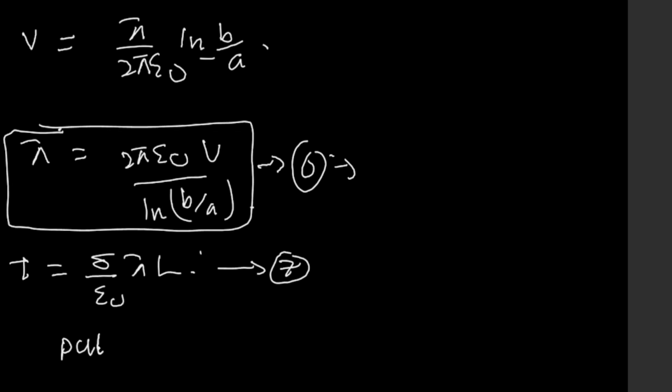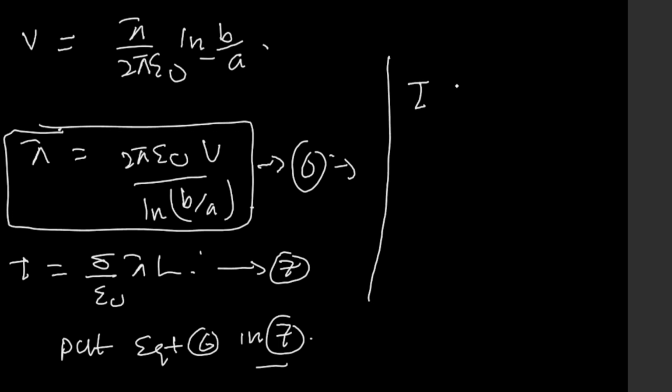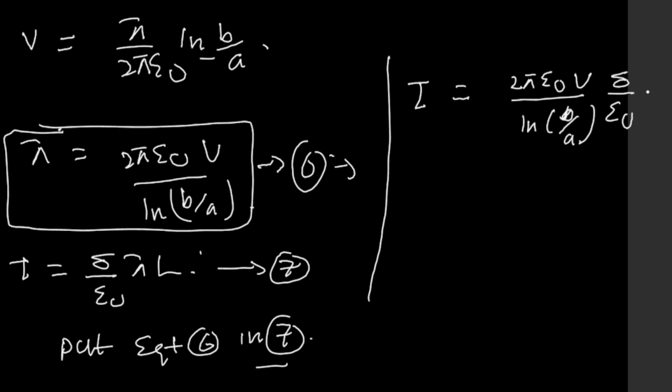So putting equation 6 in 7, we get I equals 2 pi epsilon naught V divided by ln of b divided by a, times sigma divided by epsilon naught times L. Now epsilon naught will cancel out, and I equals 2 pi sigma L V divided by ln of b divided by a.